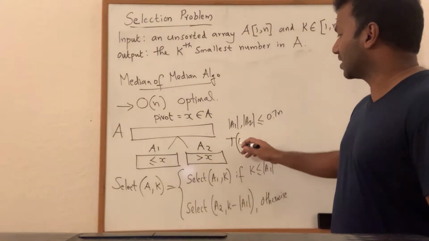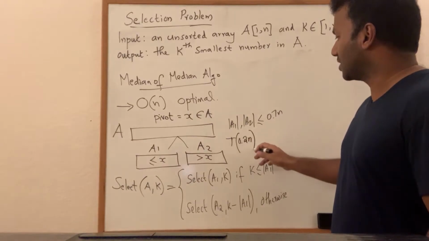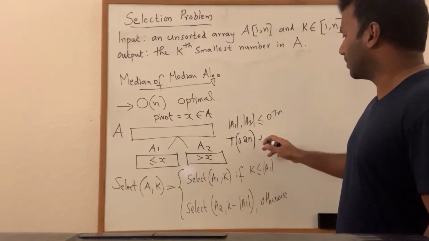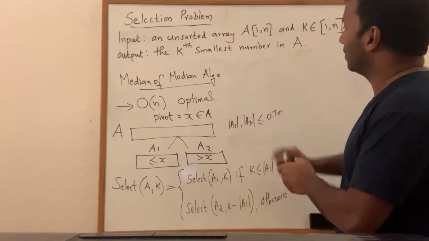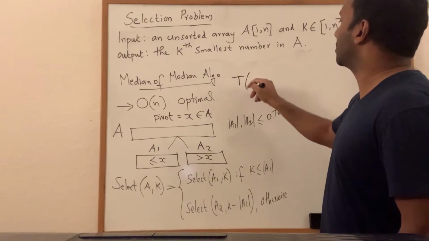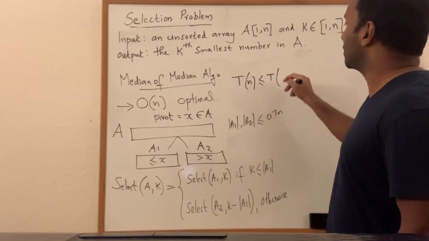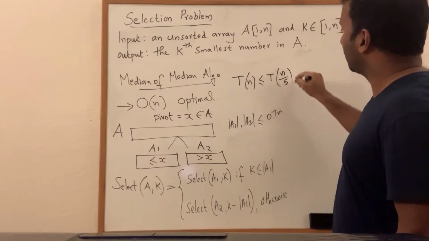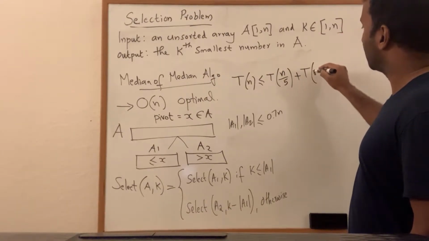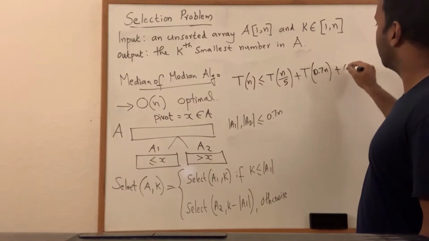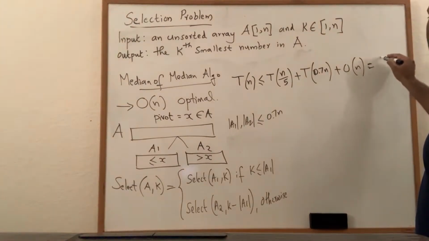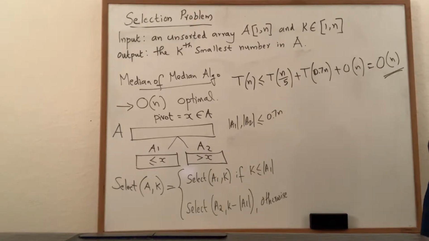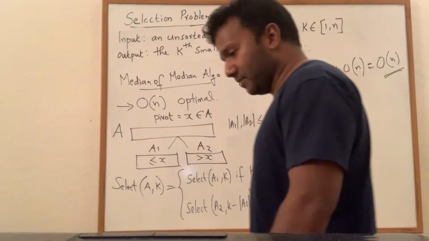Then we managed to come up with a recursion like this, that is T(n) is less than or equal to T(n/5) plus T(0.7n) plus big O of n, which we solved using the substitution method for solving recurrences, and finally we showed that this is big O of n.